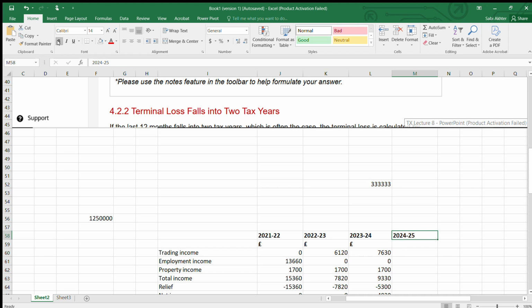So trading income is 30,000, 24,000, 10,000, and 0. Then we have the terminal loss relief on a LIFO basis.